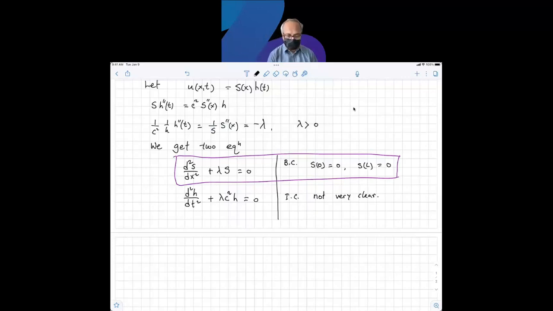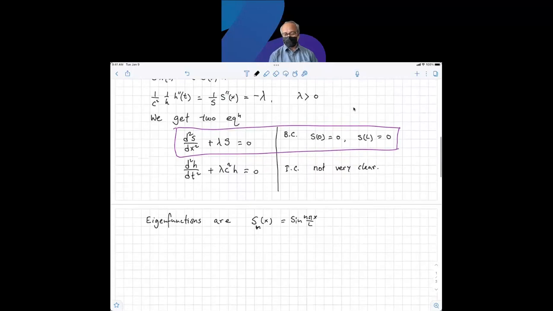So the eigenfunctions, and again, the eigenvalues are found the same way.